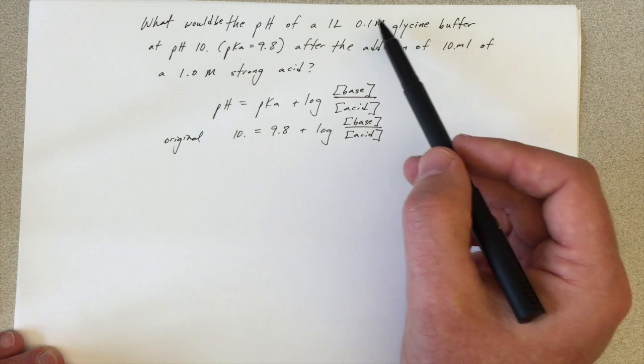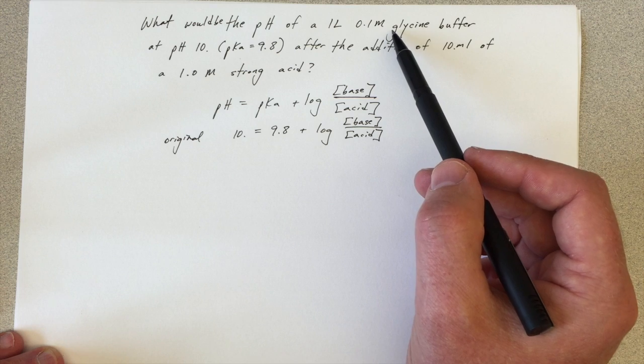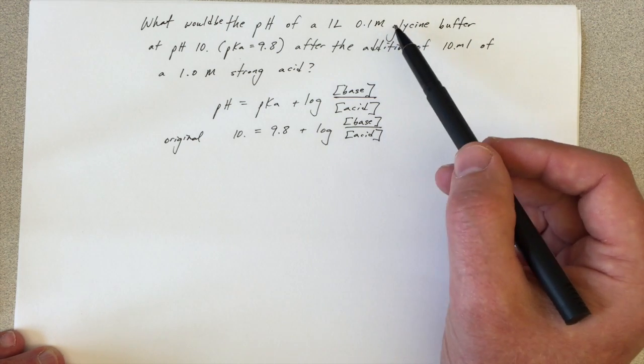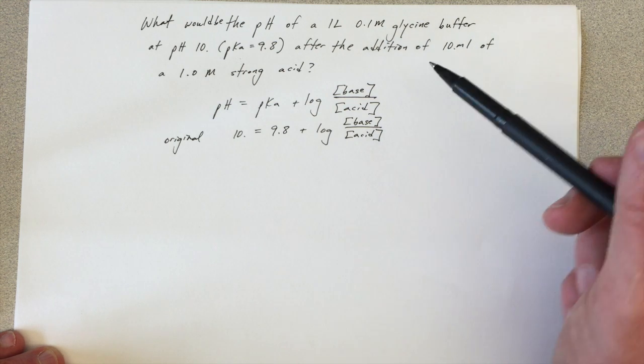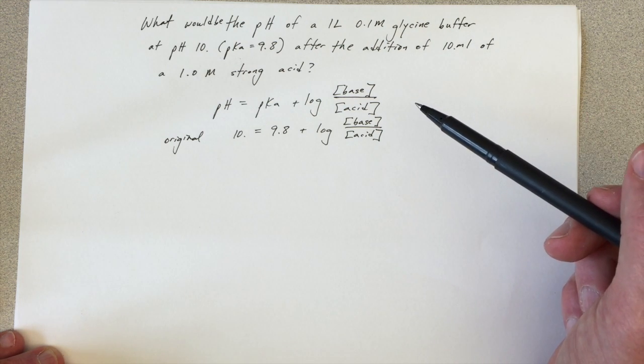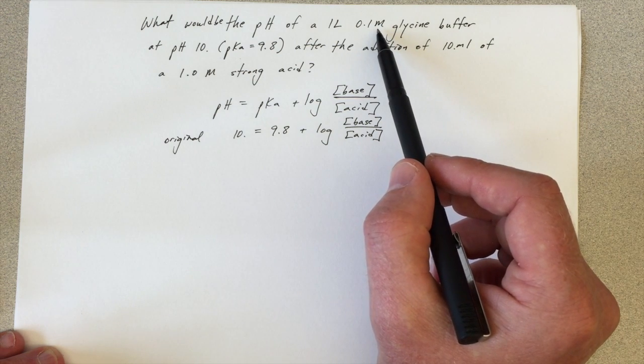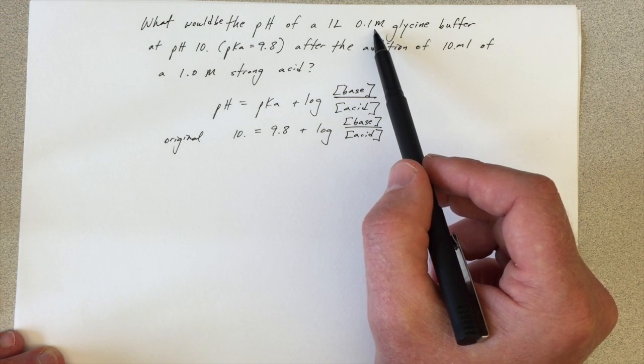Now, when we describe the concentration of a buffer, we're not just describing the concentration of the acid or the base. We're describing the concentration of both of them together, since they can convert back and forth as they act as a buffer.